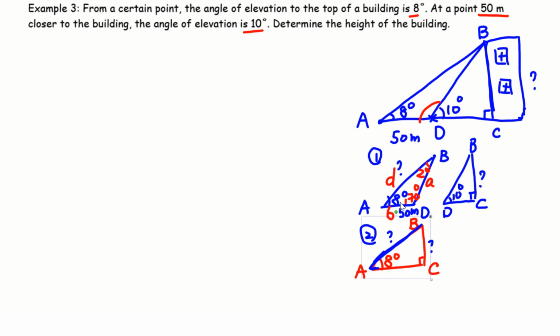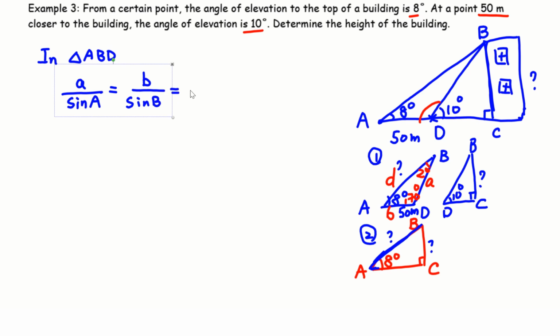More than one angle given guarantees you will have an opposite side and opposite angle given. So in triangle ABD, we are going to write a over sine A equals b over sine B equals d over sine D.